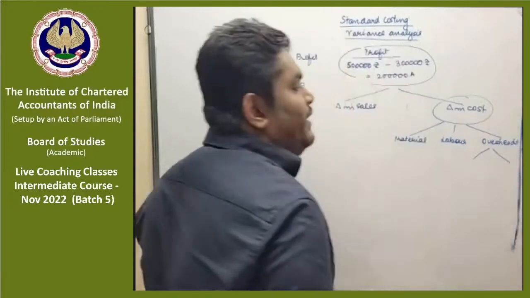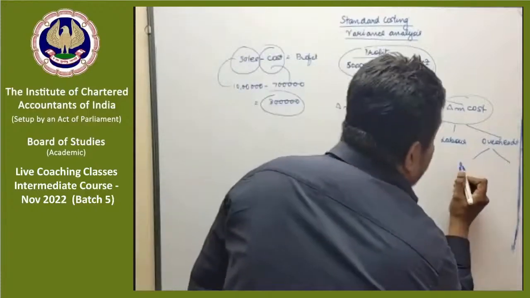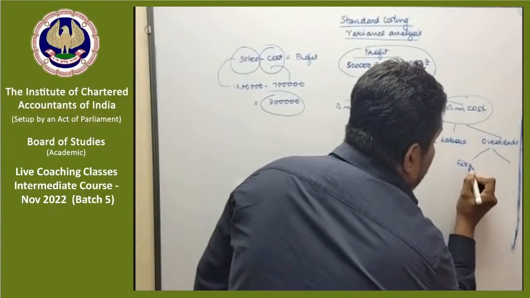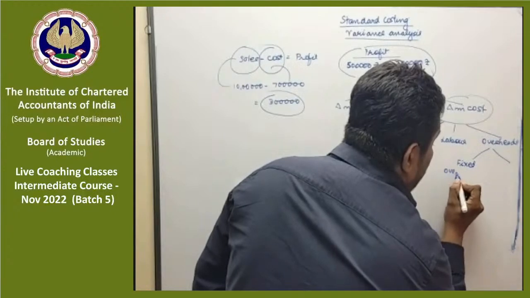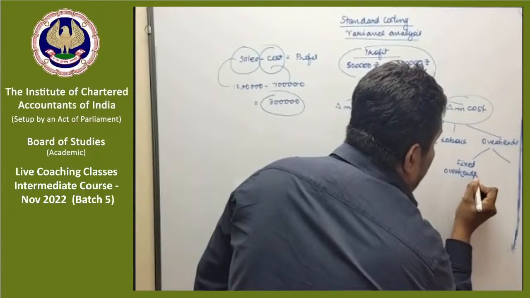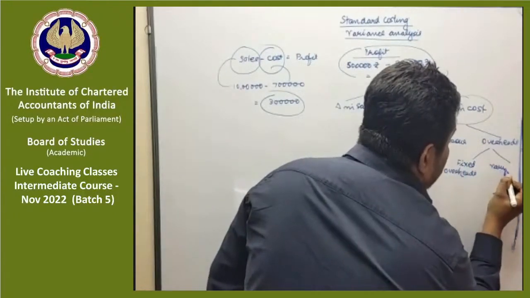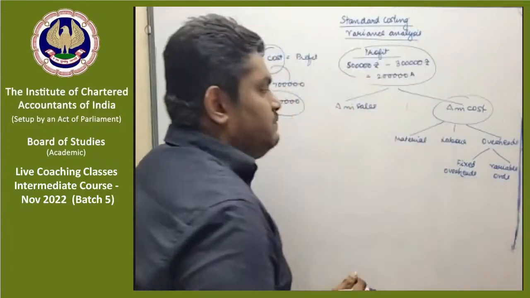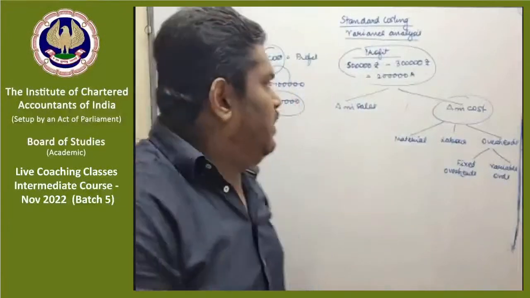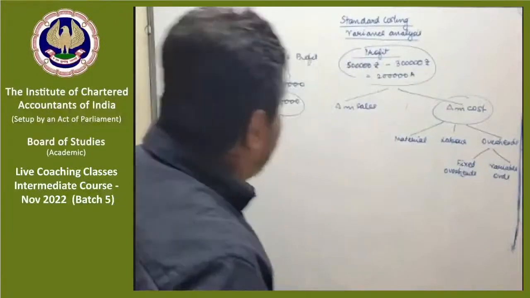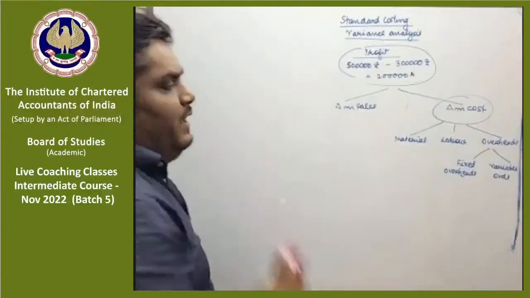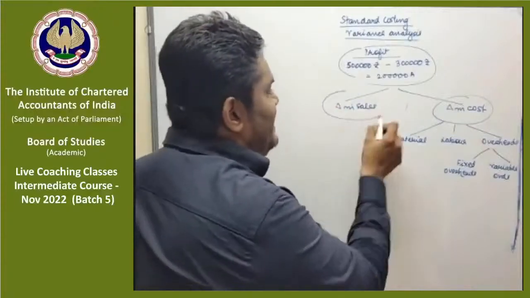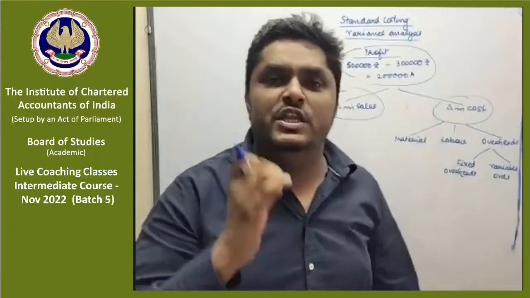Further, overheads also can be classified in two parts. That is fixed overheads and variable overheads. So in short, if there is any deviation or variance in profit, it may be due to change in sales or it may be due to change in cost.